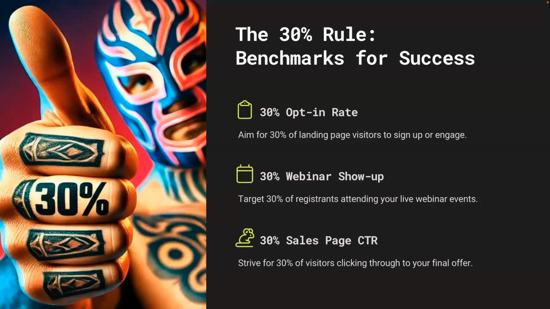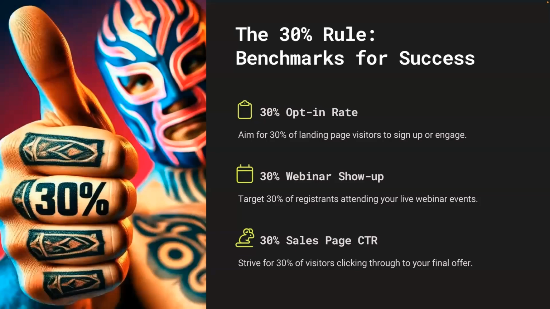If someone opts into our website to become a lead at a 30% rate, and let's say it's a webinar, the next step of the funnel: they opted in, the webinar's on Thursday. I want a minimum of 30% of the people to show up to the webinar. 30% to opt in, 30% to move to the next step. Nick, I think today we were at 70%, which was amazing.